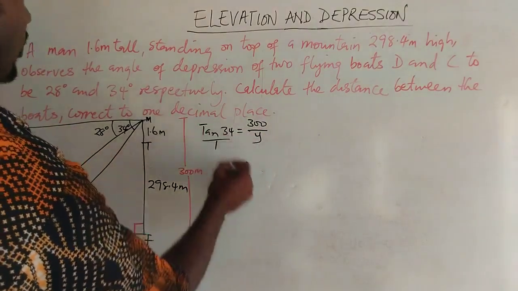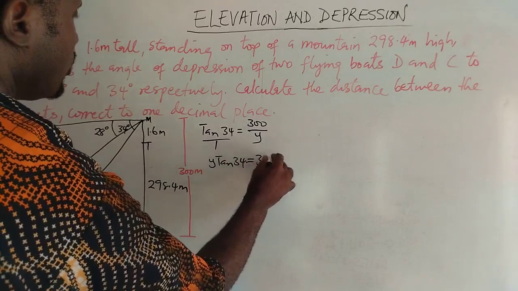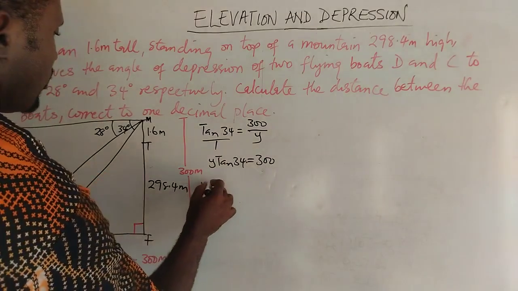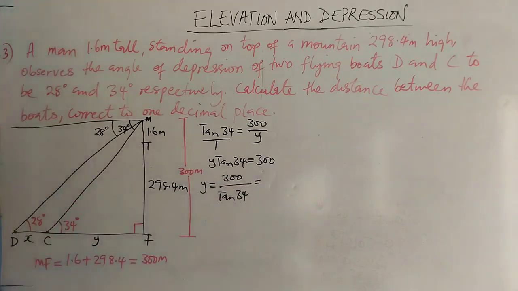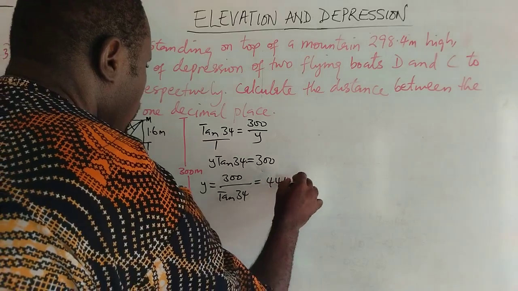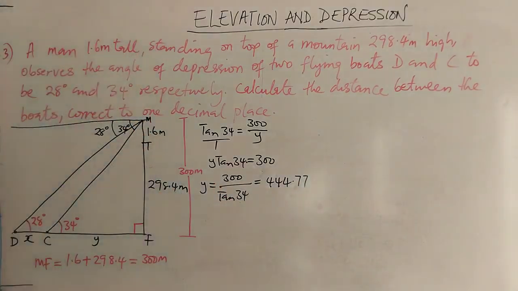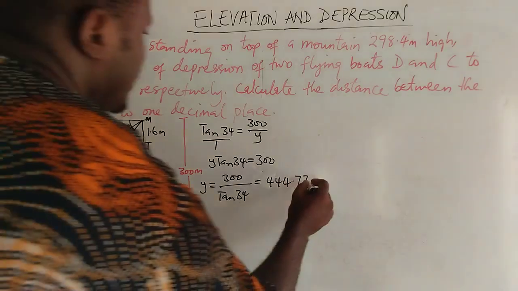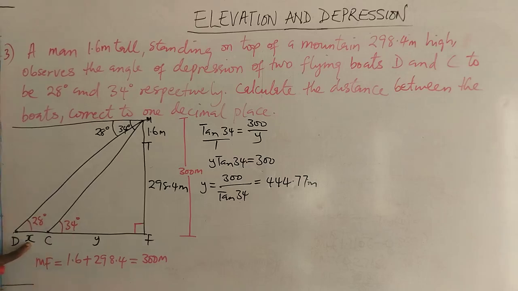If you cross multiply, we'll have y tan 34 equals to 300. Then y will now be 300 over tan 34. If you use your calculator to press this, you will get 444.77 meters by 2 decimal places.